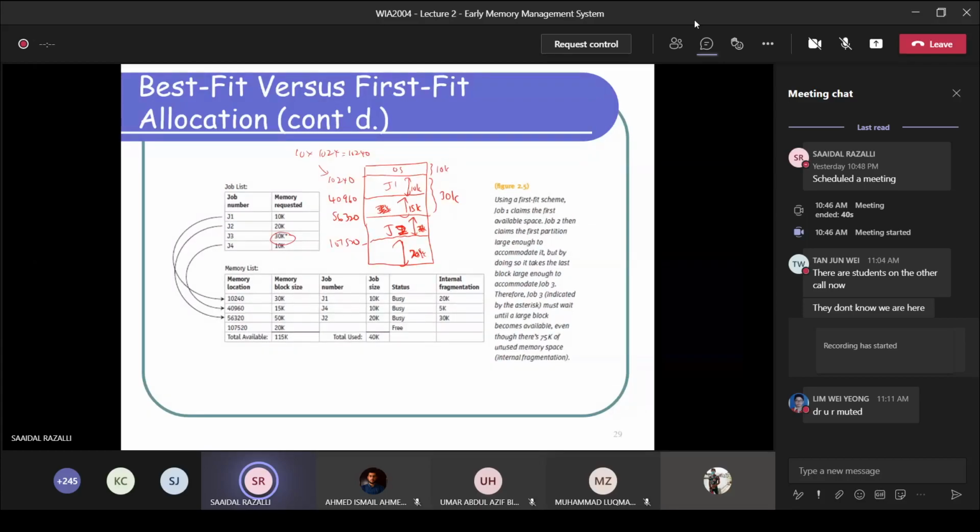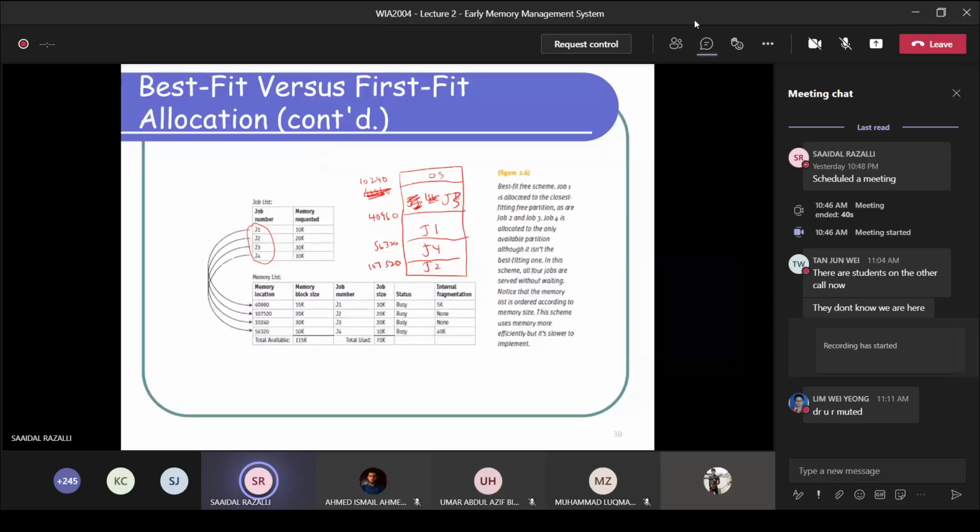First fit free scheme is going to see whether this job fits into the available memory. But best fit free scheme will allocate the job to the desired partition that can accommodate or fit the size.